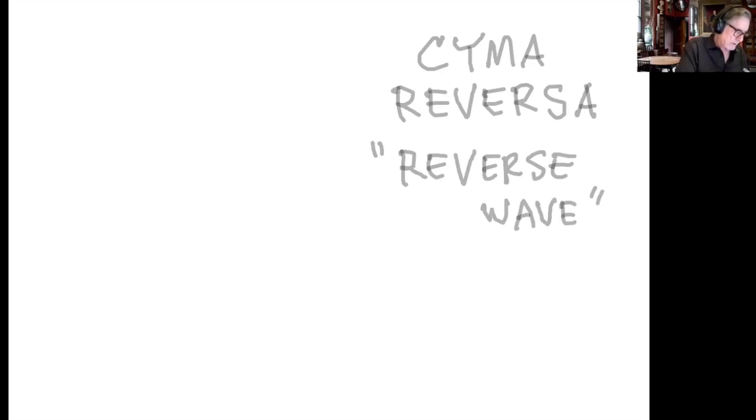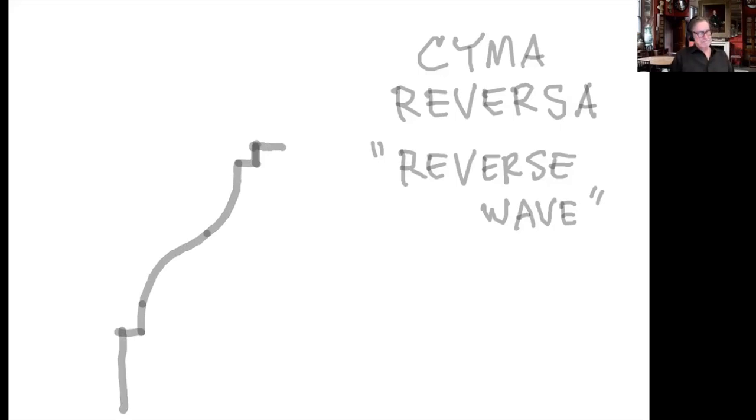is similar in combining both convex and concave portions, but in its normal orientation, let's draw a little fillet here, it has the convex portion at the top and the concave portion at the bottom, like that. That's the cyma reversa. Concave at the bottom and convex at the top.